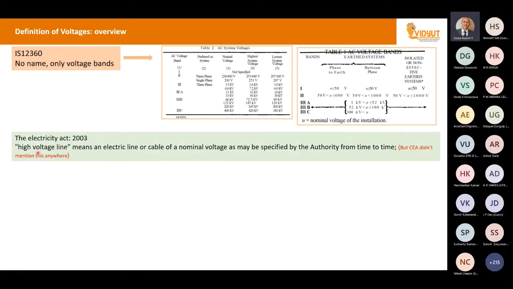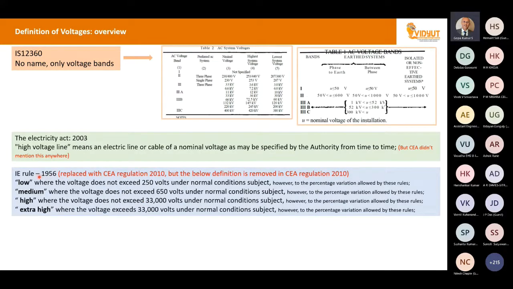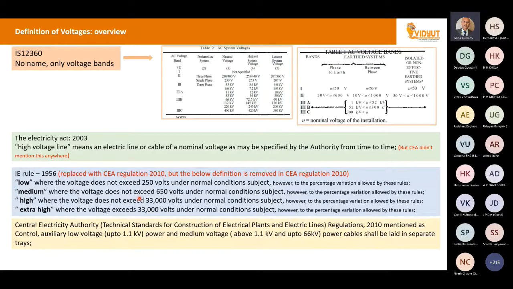The Electricity Act says high voltage line, there are some definitions. The IE Rule has some other definitions for low voltage, medium voltage, high voltage, extra high voltage. This anyway is not applicable because the IE Rule has already been removed or replaced with the CEA regulation.